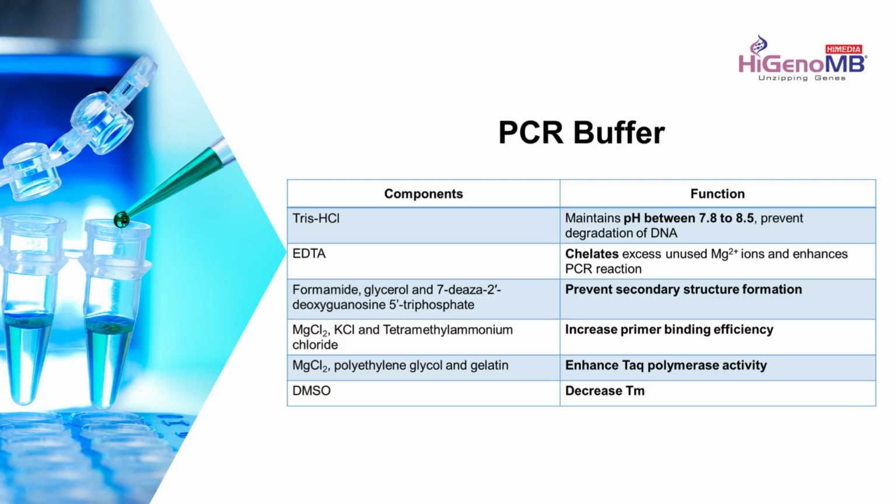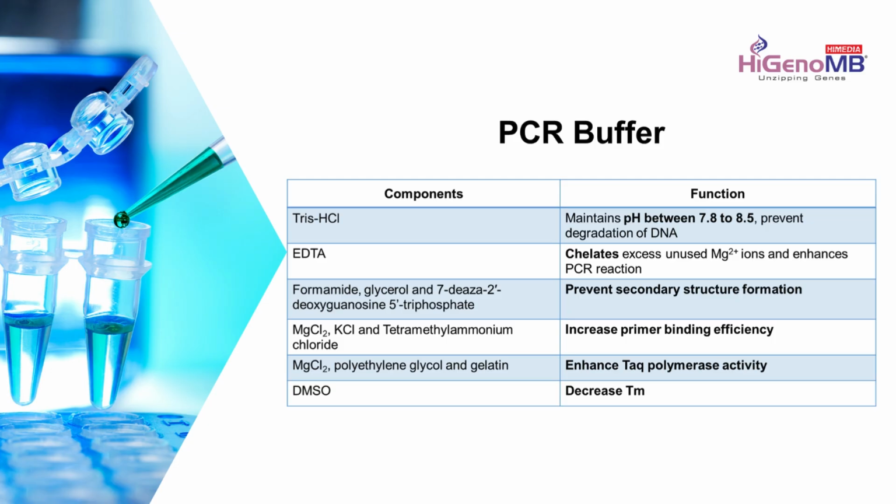This EDTA is required in small quantity, because when there are unused magnesium ions, instead of enhancing the PCR reaction, these magnesium ions will inhibit the PCR reaction. So to avoid this, a small amount of EDTA is used to remove the excess magnesium ions.